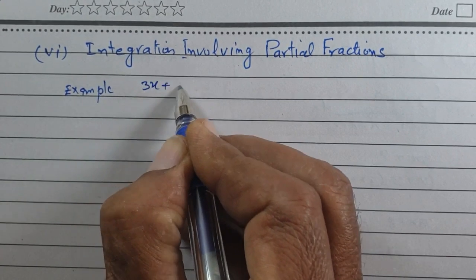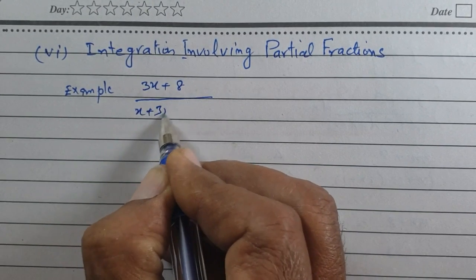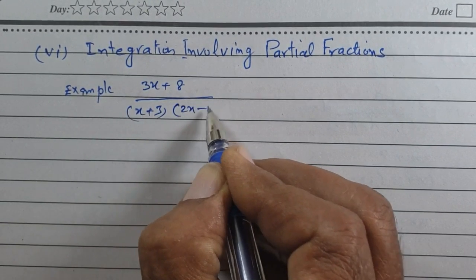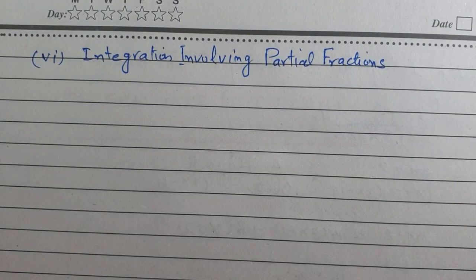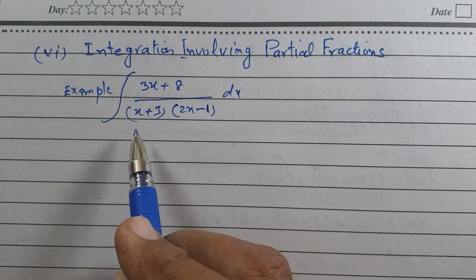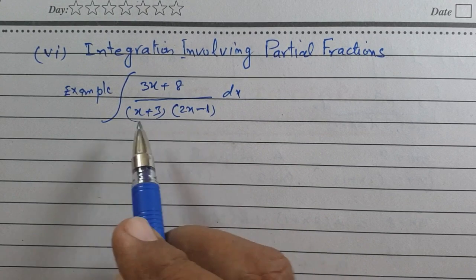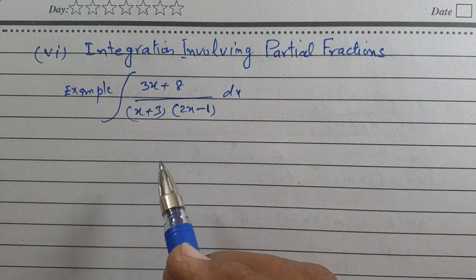That is (3x plus 8) over (x plus 3)(2x minus 1). In the question, you are looking that in the denominator there are 2 factors. There may be 3 factors or 4 factors.